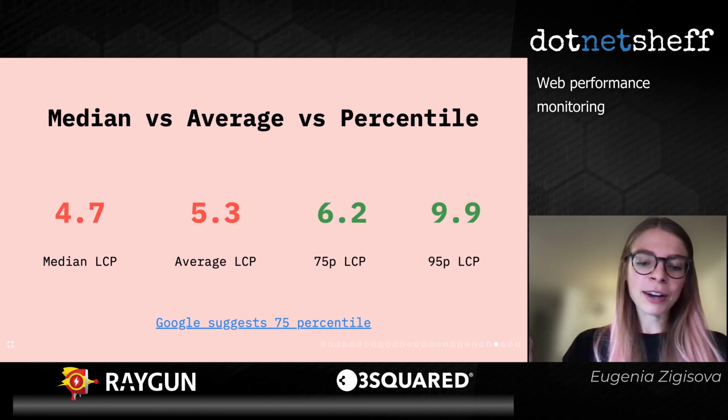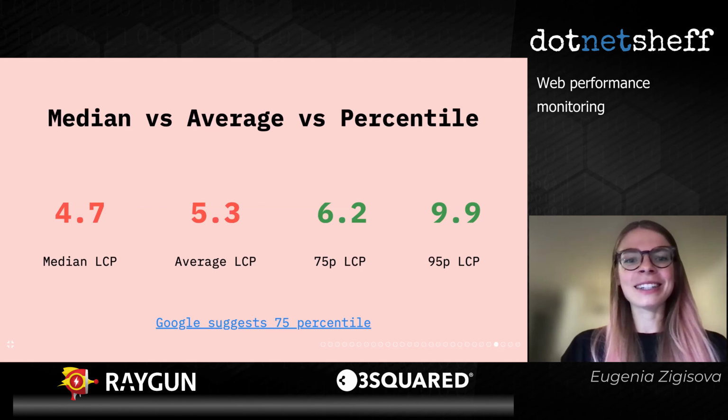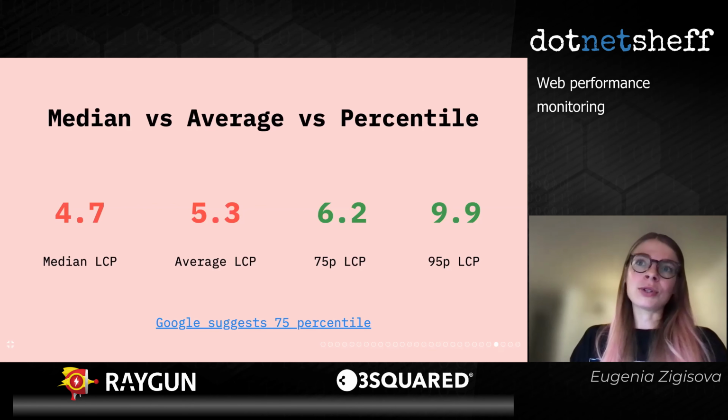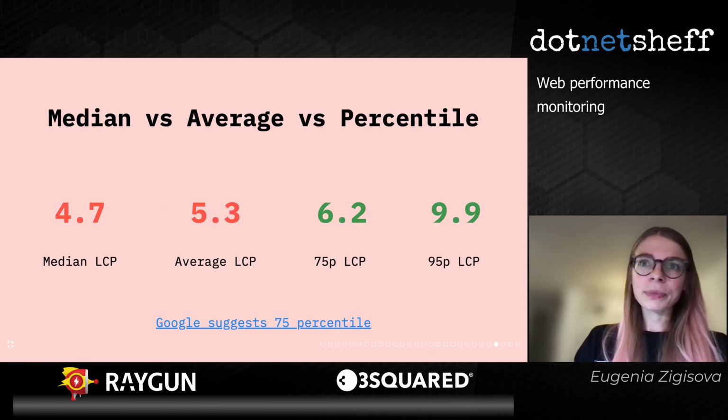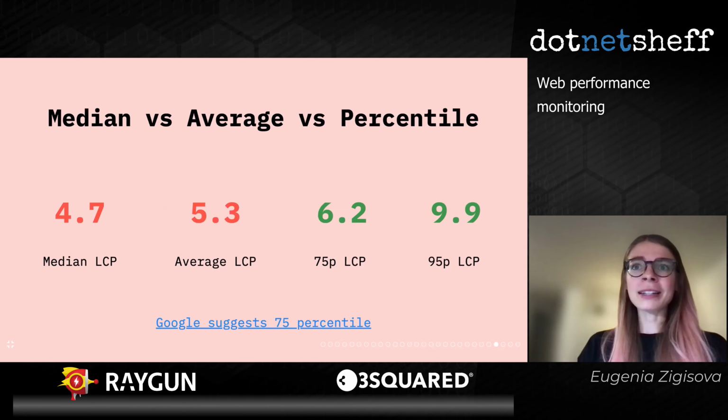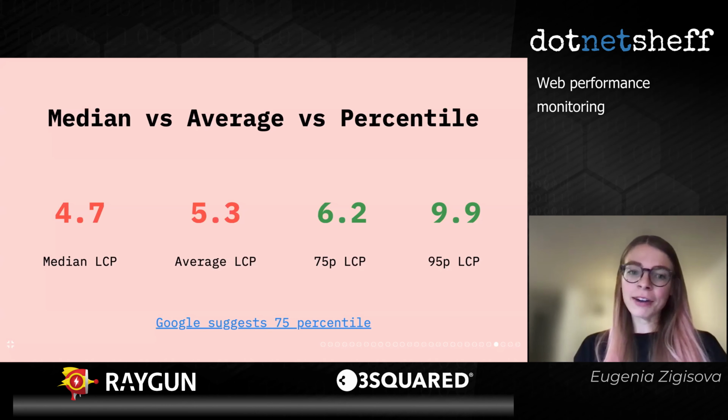However, providing a good page load time for just half of our users isn't really a good result. That is why it is recommended to use percentiles. For example, here, the 75th percentile means that for 75% of our users, the page is loading within 6.2 seconds.